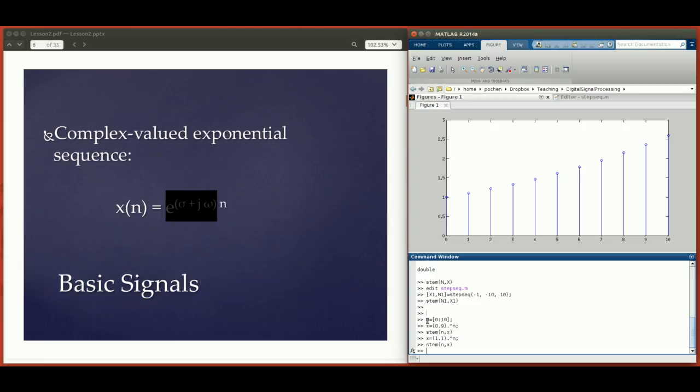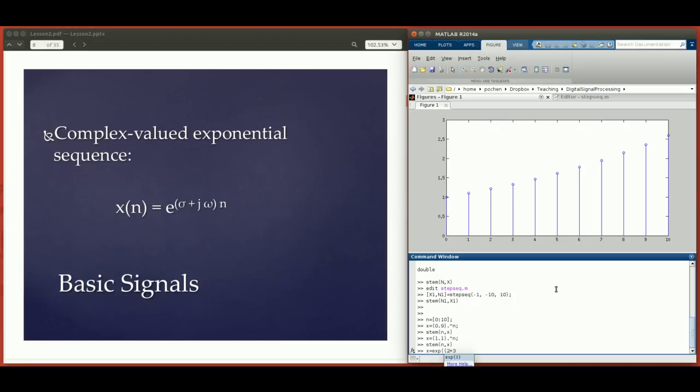I'm going to use the horizontal axis that goes from 0 to 10. Now let's construct x equals exp. Exp is a Matlab intrinsic function, and it can take either real numbers or complex numbers. For sigma plus j omega, I'm going to give it a complex number that's 2 plus, for omega, some arbitrary value, 3.